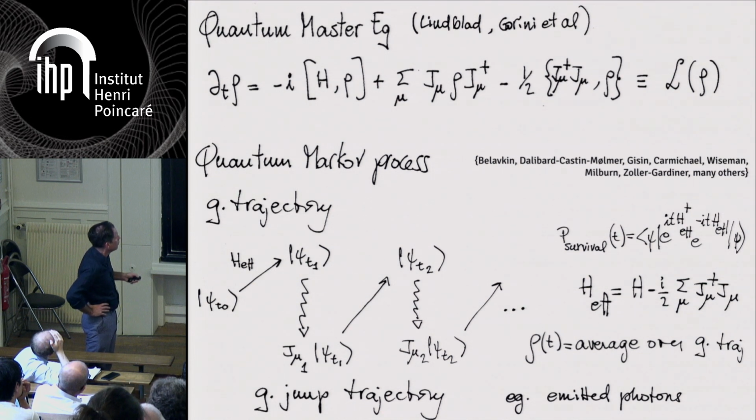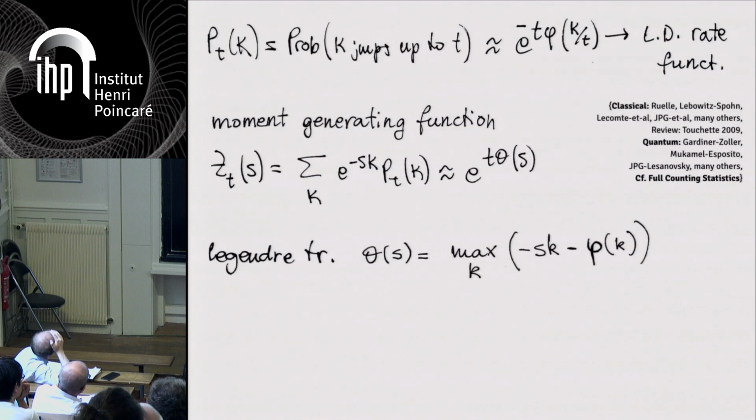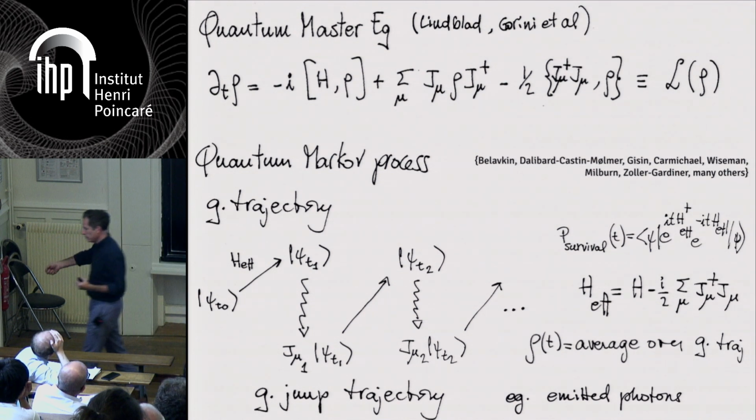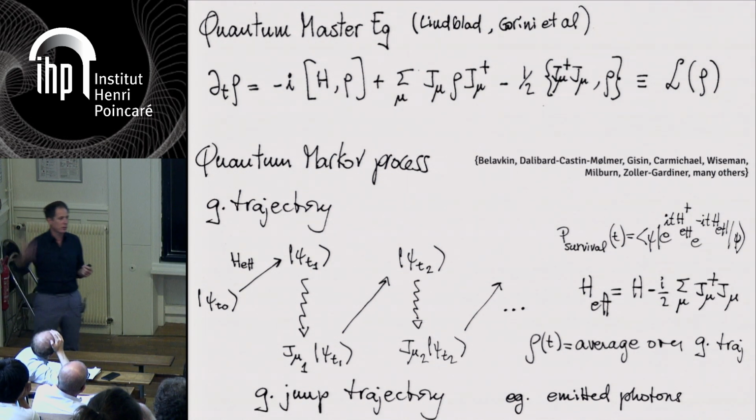For example, one can see the emitted photons in the environment, and that's a classical record of, if you want, the measurement of the environment on the system. So we have quantum trajectories and quantum jump trajectories. So now, I want to focus on the properties of ensembles of trajectories. The dynamics generates trajectories with a certain probability.